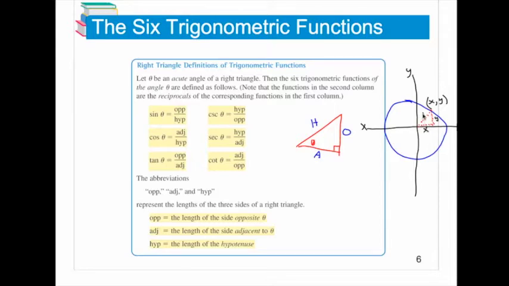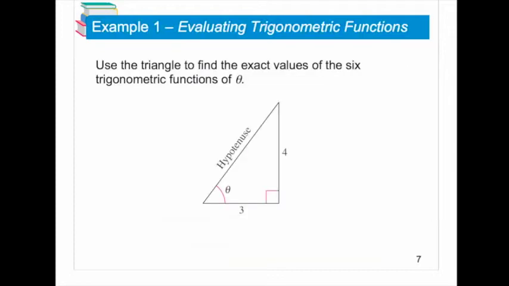Cosine is adjacent, that would be the x, over 1. So the cosine is related to x. So these things mean the exact same thing, we're just looking at them in a different context. We can look at it through the unit circle on a coordinate plane, or we can look at it through relationships of sides of triangles.